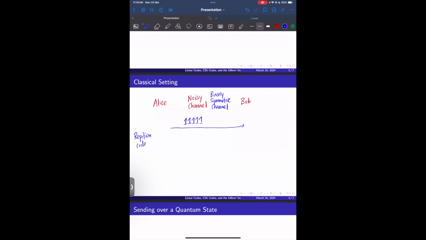And if she's lucky, at most one of the bits will get flipped. But now Bob will see that, okay, Alice sent a majority of ones over. So perhaps she meant to say one, right? I'll just ignore the zero. Maybe it's a glitch in the matrix, right? Literally. But so Bob will just ignore that, right?